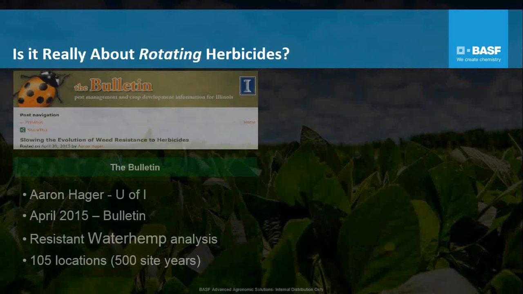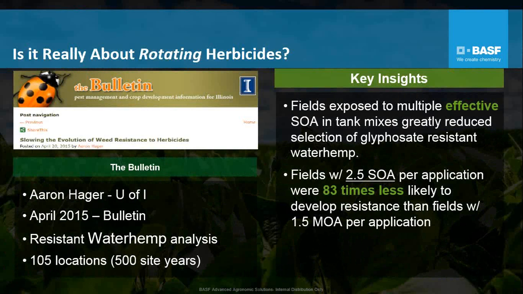So something I'm going to tell you to consider is really thinking about the program you put in place and ensuring that you've got plenty of effective sites of action in your tank mixes every time that you go across that field. Because something that's been addressed in a lot of research by the University of Illinois is that fields with 2.5 effective sites of action per application in every trip across the field, you're 83 times less likely to develop resistance than fields with 1.5.